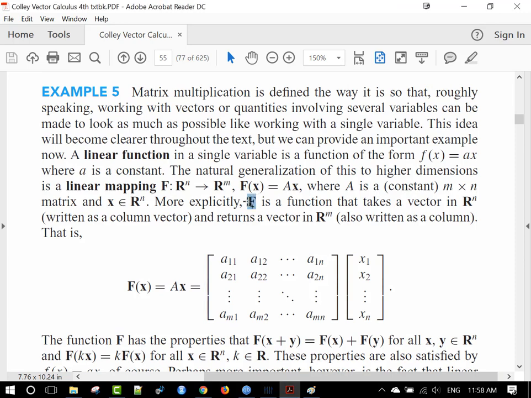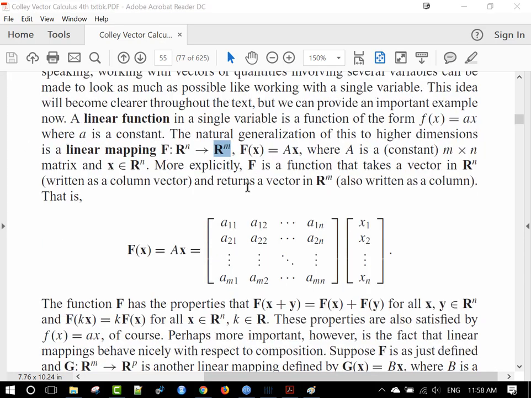Again, we write capital F bold to indicate that the output is also a vector. It's an m dimensional vector. So this is A, it's got m rows and n columns. And we have x, which has n rows, the same number of rows as A has columns, and one column.